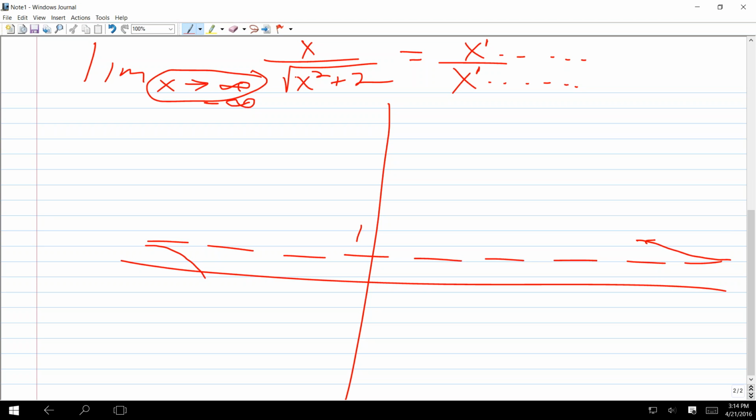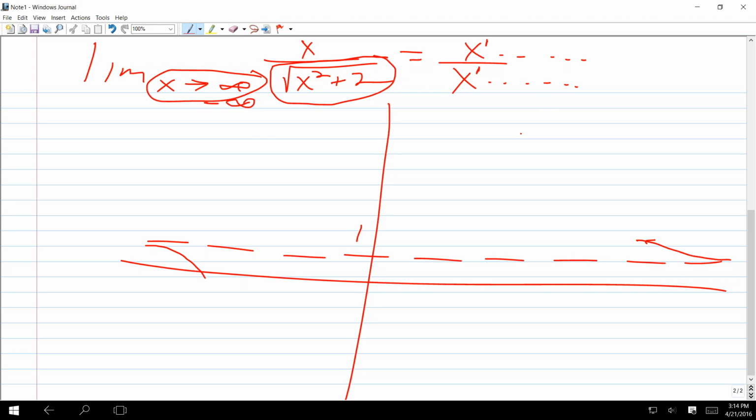And you have to make this leap in knowing that the only important part of that expression is the square root of x squared. We do not care about the 2.